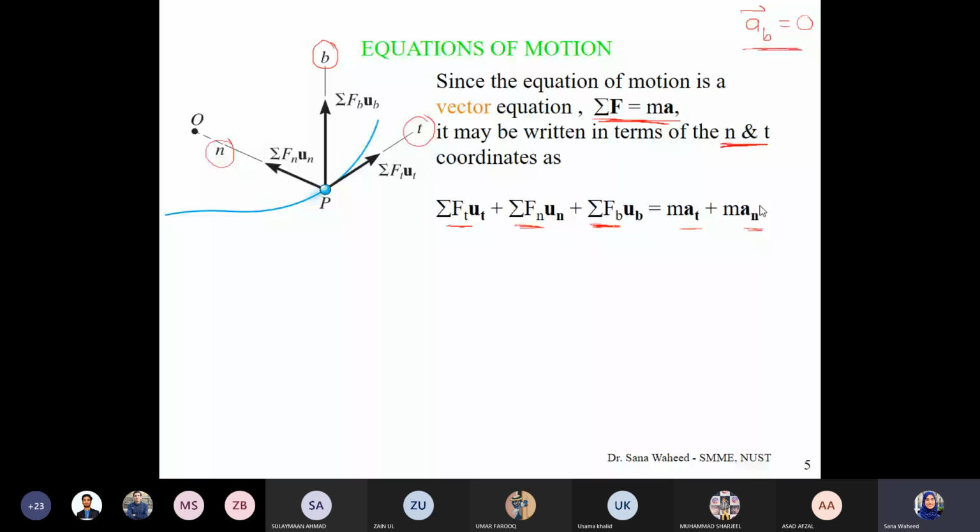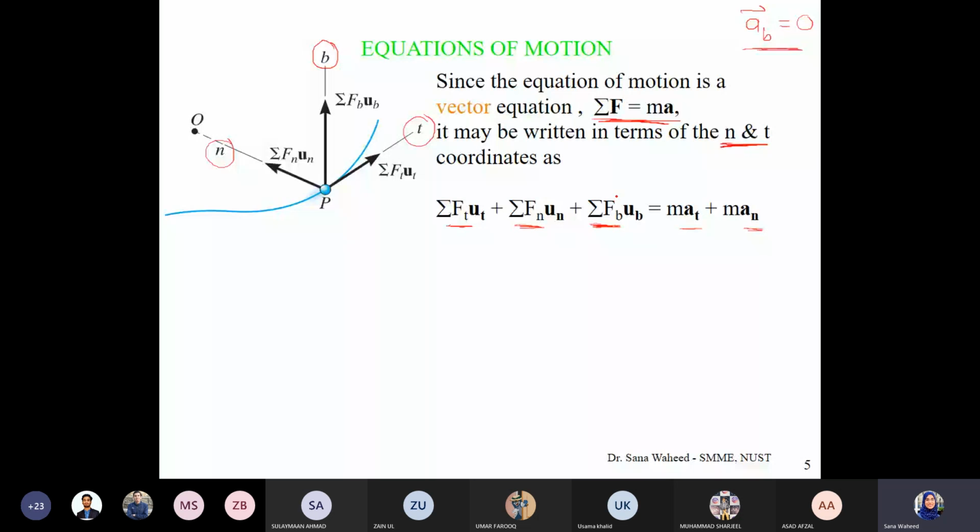The benefit is that even though its acceleration is zero, let's take the example of the car going on the curve. It still has a weight which is going to be acting in the minus b direction, and it's still going to have a normal force acting on it upwards in the b direction, right? Meaning it does have forces acting in the b direction, it just has zero acceleration. What does that mean?